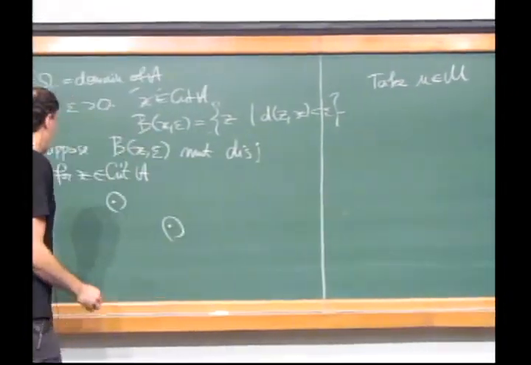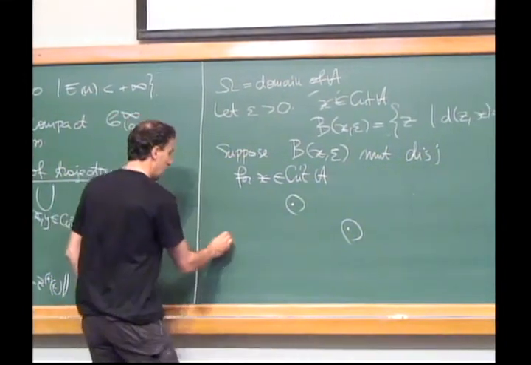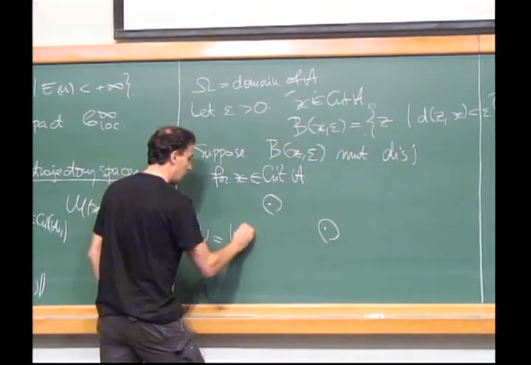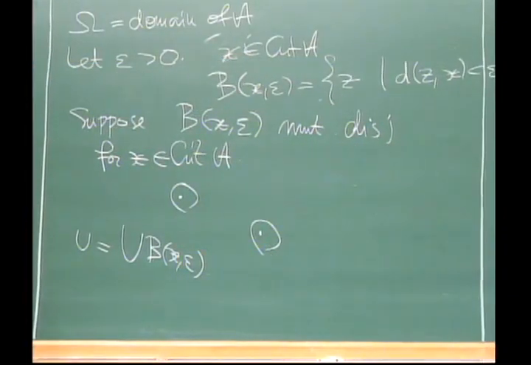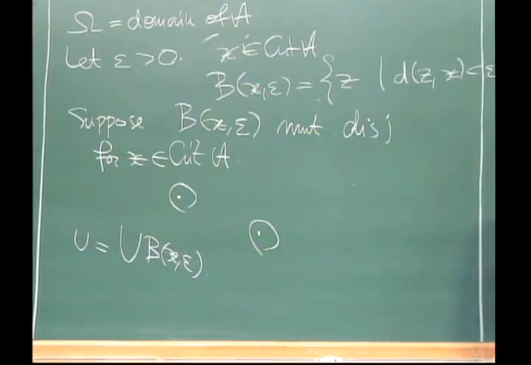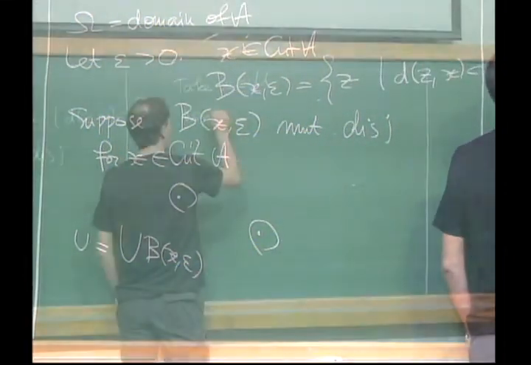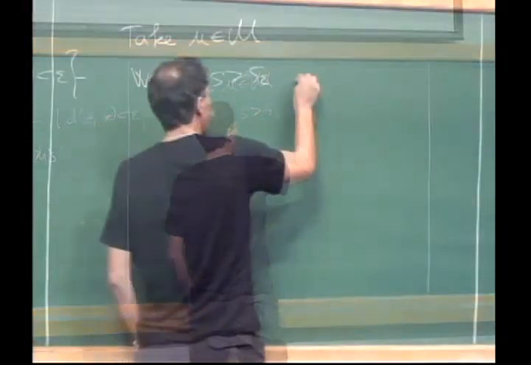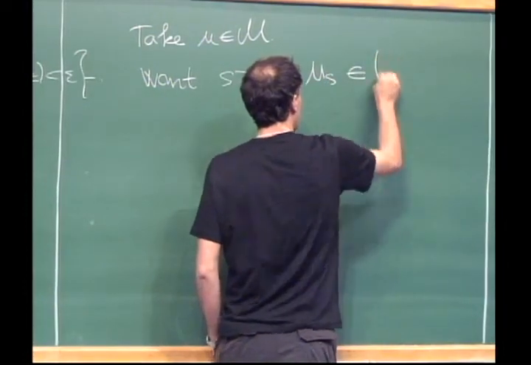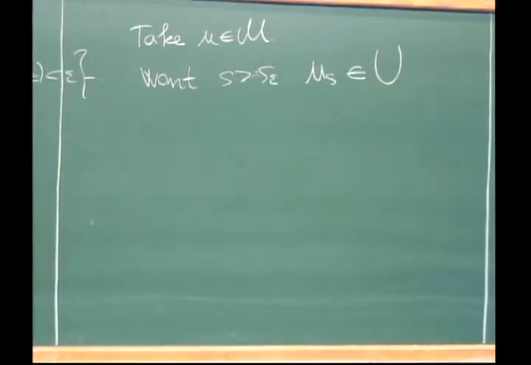Okay. So if we denote by U, capital, the union of these balls, what I want to prove is actually that for some S greater than epsilon, u(s) is in this union U. This suffices to prove that at plus infinity I will tend towards a critical point, right?